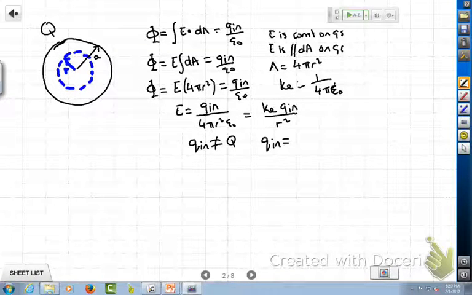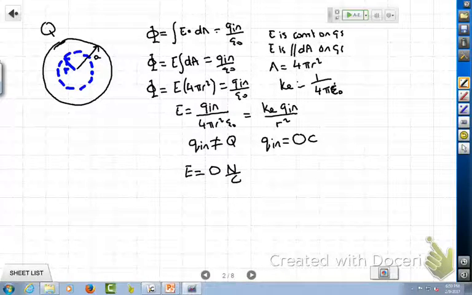Blue. What charge is inside that? Zero. So E is equal to 0 newtons per coulomb. It's a shocking result.